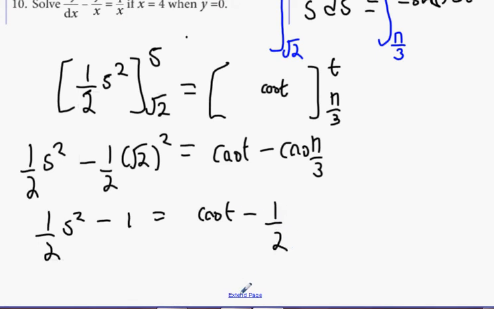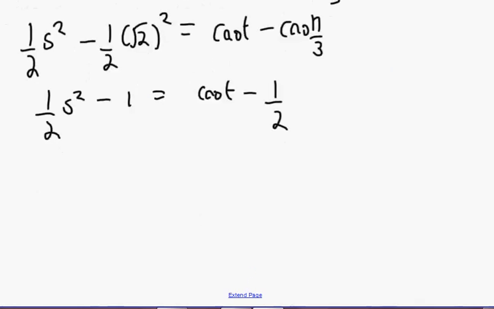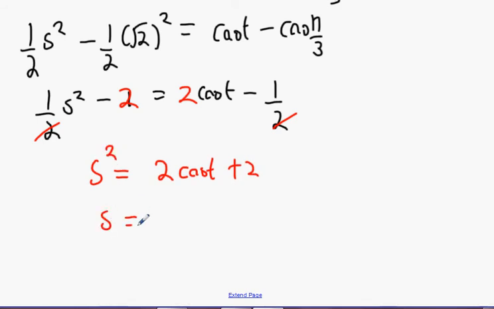Now, multiply both sides by 2. Cancel, cancel. 2 cos t minus 2. Bring everything over one side. So 2 cos t plus 2 equals s squared. S therefore equals the square root of 2 cos t plus 2.